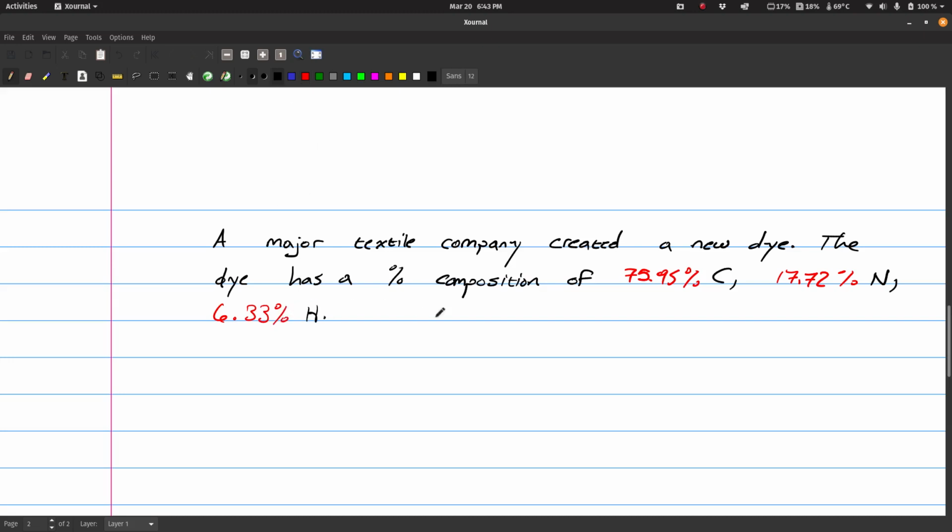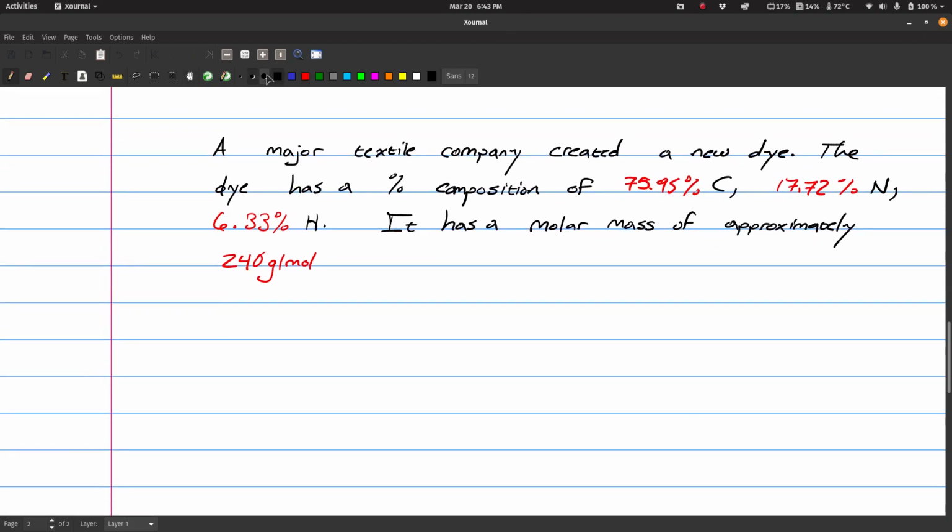It has a molar mass of approximately 240 grams per mole. What is the molecular formula?